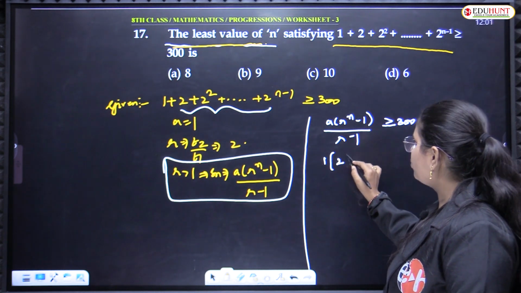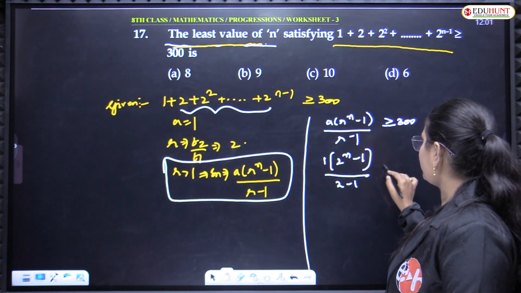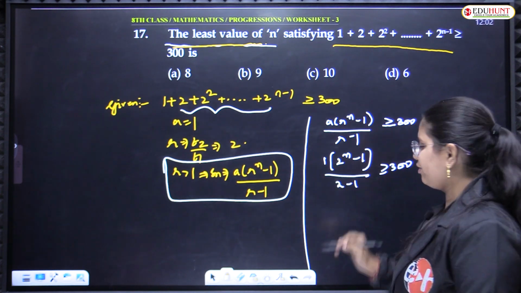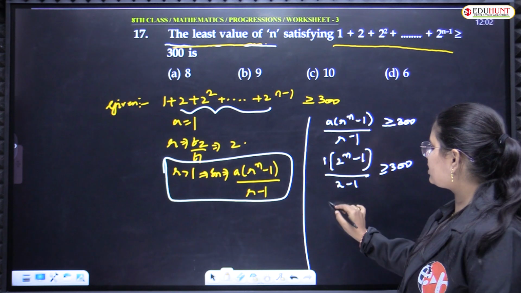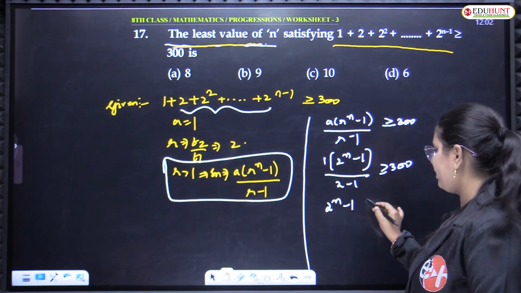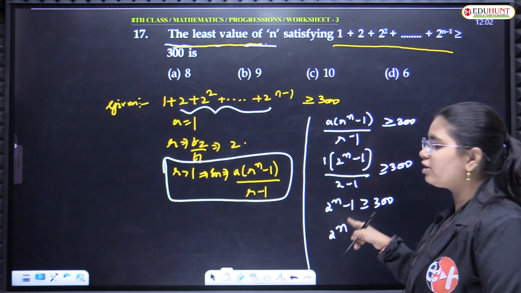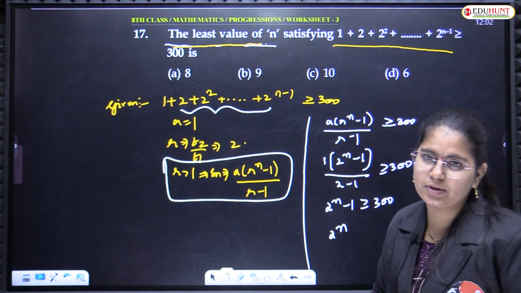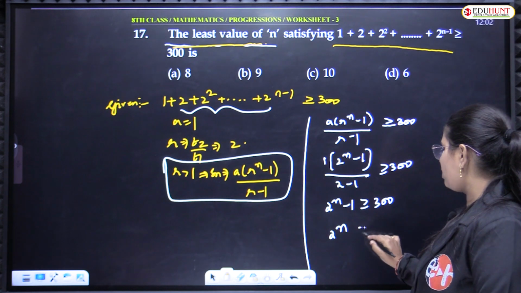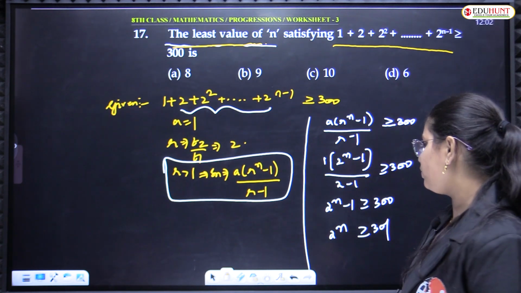R is 2, power n minus 1, and this is 2 minus 1, must be greater than 300. So 1 into same is same, 2 power n minus 1, 2 minus 1 is 1, I am not writing that, which is greater than or equal to 300. Here I need to find the least possible value of n, so I am transposing 1 to that side: 300 plus 1, it is 301.